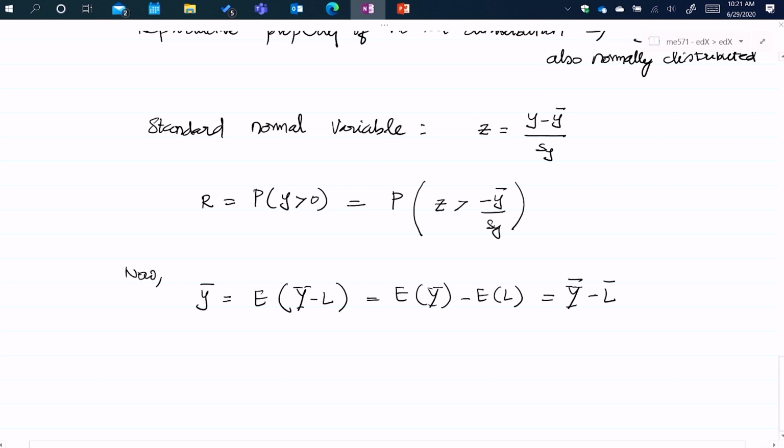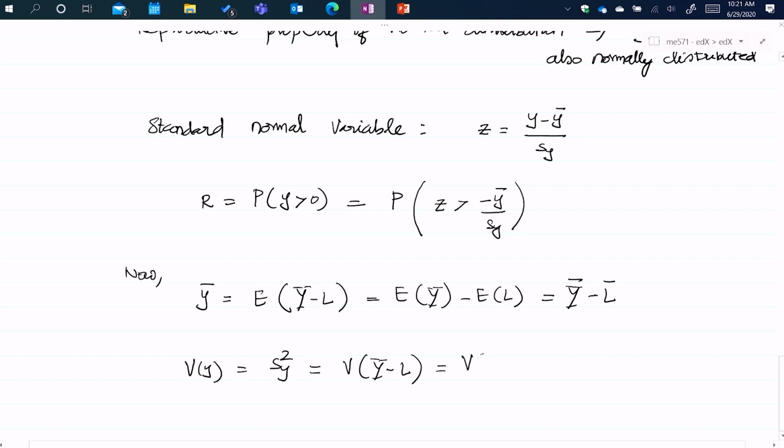Okay, next we can ask what is the variance of y, that's s sub y squared. We know that's equal to the variance of strength minus the load.